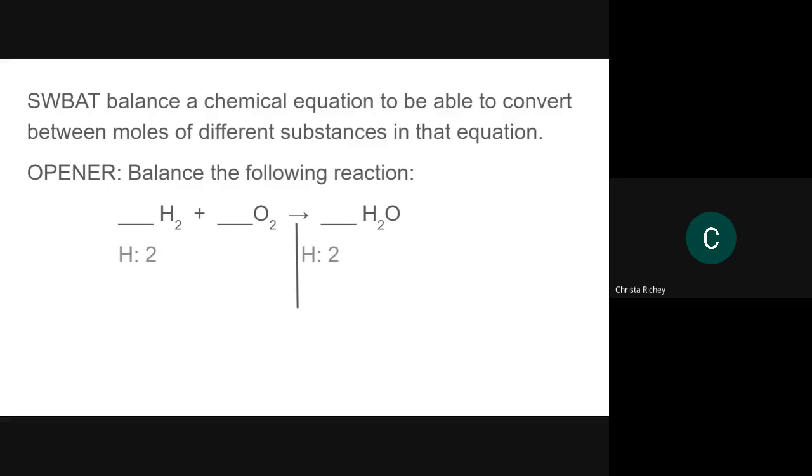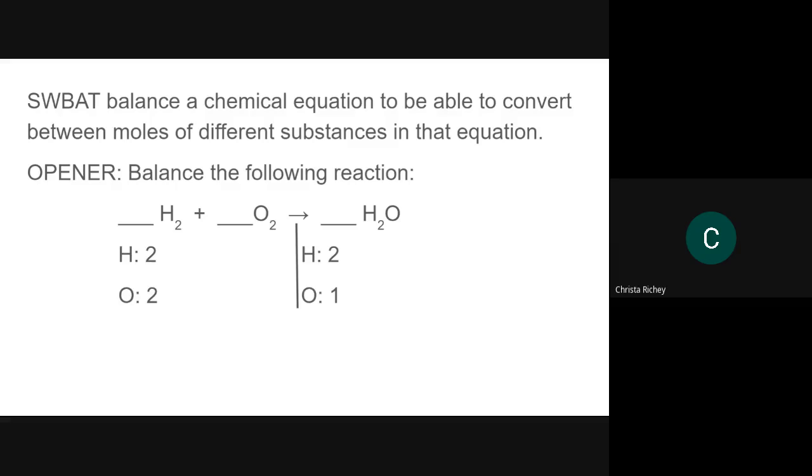On the left, we've got 2 hydrogens, and on the right of the arrow, we also have 2 hydrogens, so that's not an issue. The problem lies in the fact that we've got 2 oxygens on the left, and we only have 1 oxygen on the right. So how do you start fixing this?